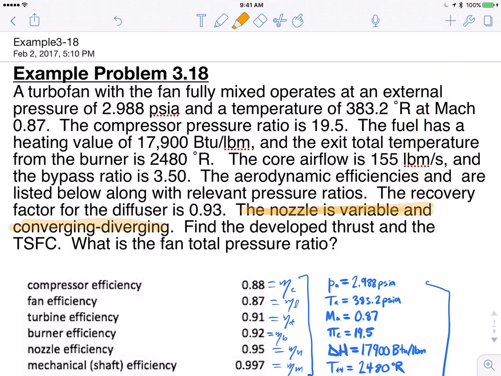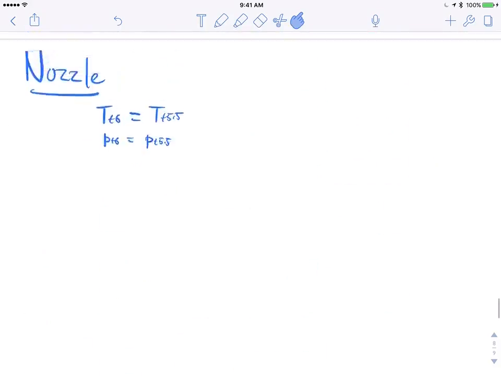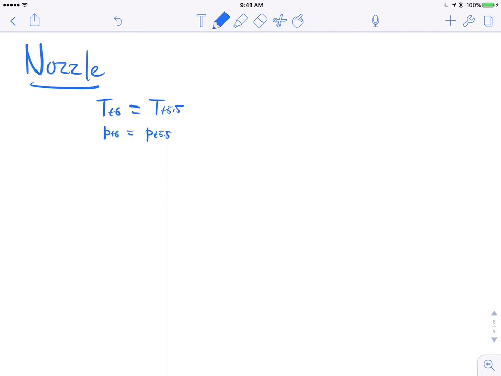It's not an absolute requirement, but if it's not stated otherwise, we're going to be assuming that if it's a variable area nozzle, you're adjusting to make exit pressure match ambient pressure.